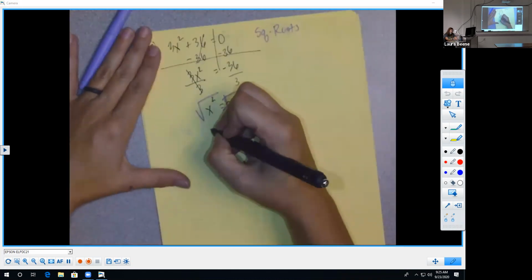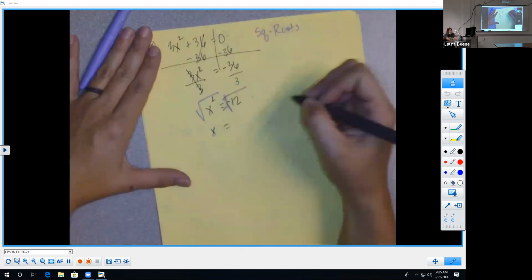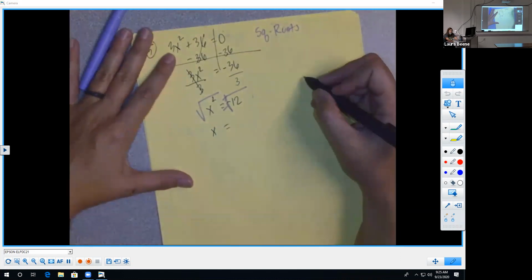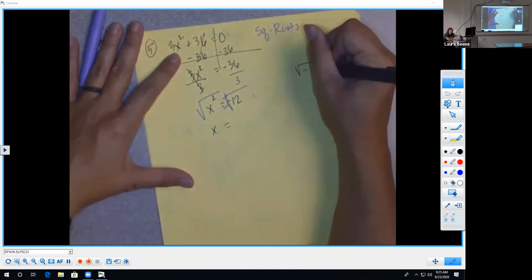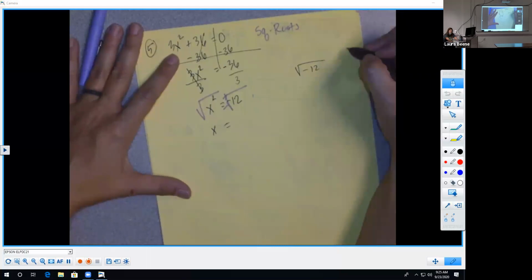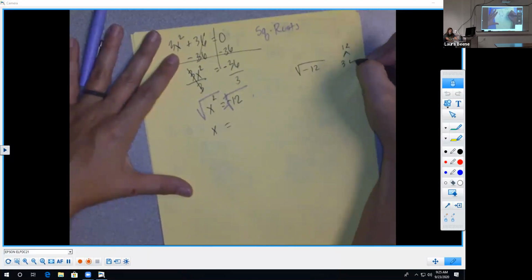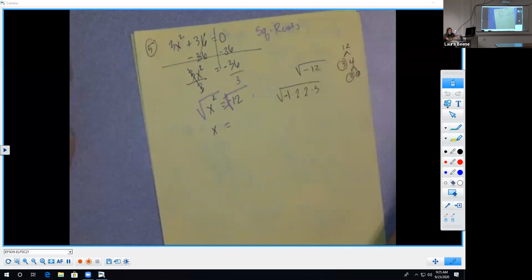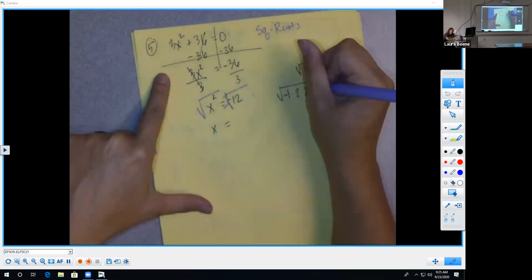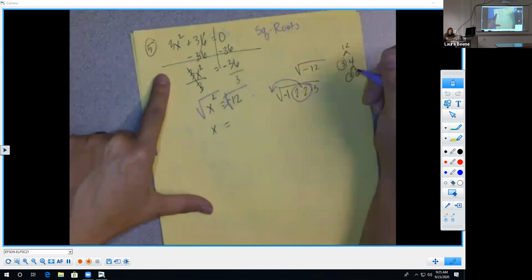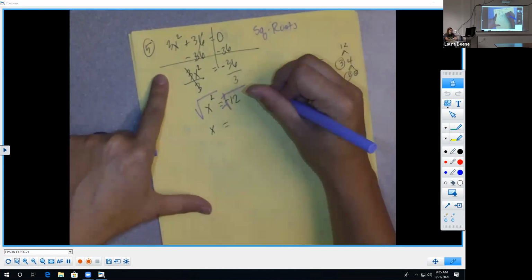So I get x equals, let's see, the square root of negative 12. I can break down 12 to 3 times 4, which is 3 times 2 times 2. So this is like negative 1 times 2 times 2 times 3. What's going to come out? The pair of 2s is going to come out. What else? An i. The negative 1 comes out as an i.